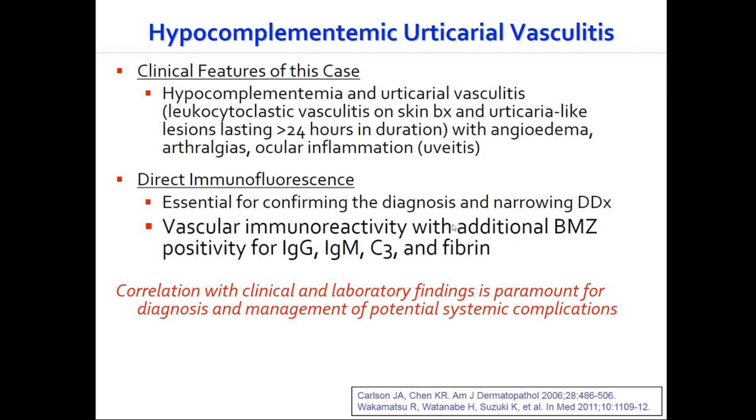So this was a case of hypocomplementemic urticarial vasculitis, and honestly, the direct immunofluorescence in this case was essential for confirming this diagnosis. And it's important to make this diagnosis because these cases are more difficult to treat.